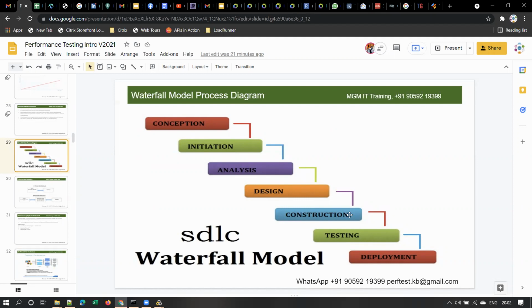Then I will explain how functional testing and performance testing go hand in hand along with the development. As soon as development starts nowadays, the QA team will be doing functional testing, and the performance testing team will be doing non-functional testing in parallel with the development.